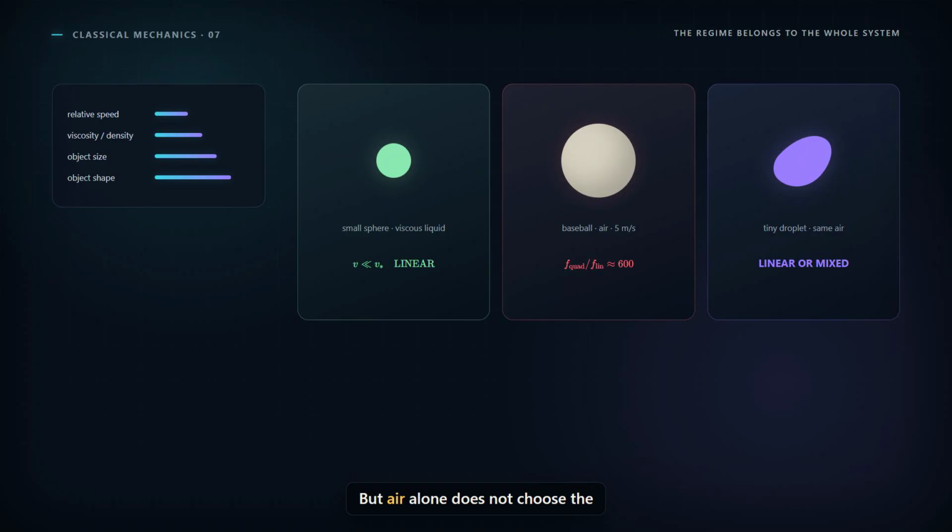But air alone does not choose the regime. A microscopic oil droplet moving very slowly through that same air can be linear drag dominated, while an intermediate raindrop may need both terms. Change the speed, the medium's viscosity or density, the object's size or its shape, and the crossover moves. Regime belongs to the whole object flow system, not to the medium by itself.